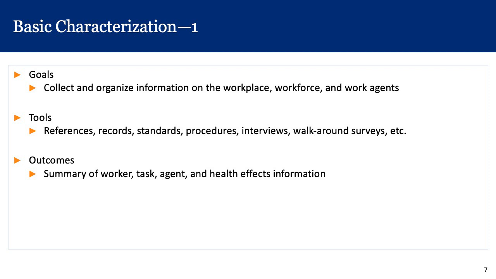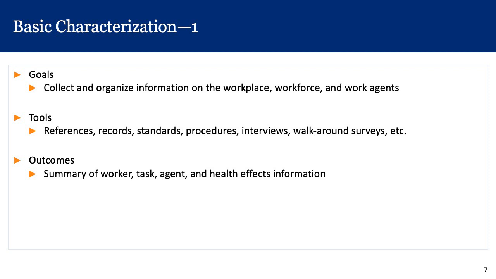And the tools that are used for this step could be reference documents, previous records that the company or the organization has maintained. There are exposure limits and standards, standard procedures for carrying out various industrial tasks. You might also, as an industrial hygienist, talk to the workers who are engaged in various processes and tasks. You can talk to the supervisors or the plant engineers.